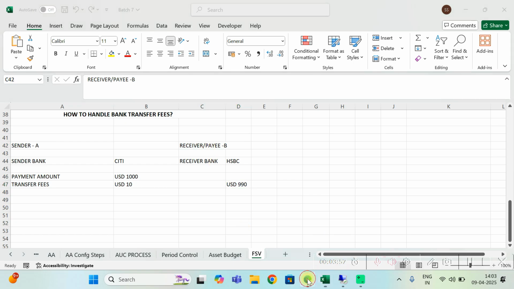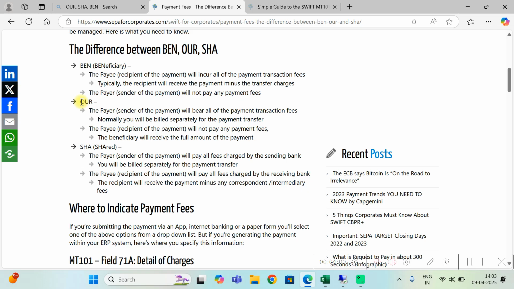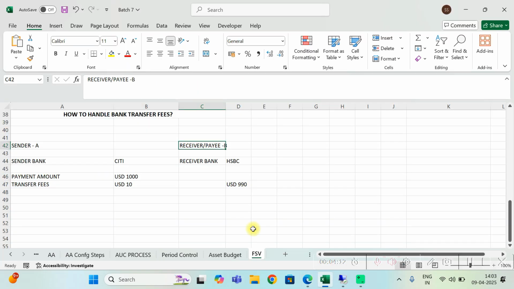Next, if you are passing the OUR symbol, it means that the payer, the sender of the payment, will bear all of the payment transaction fees. So whoever is paying the money has to bear the expenses, I mean the transfer fees.